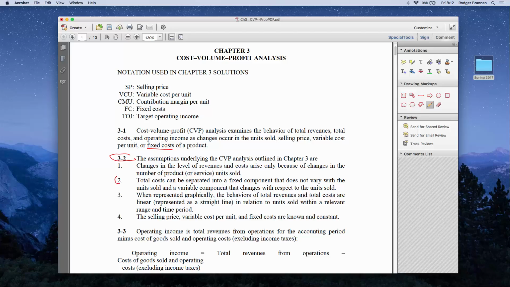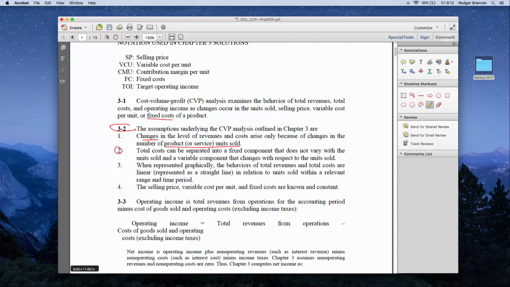Likewise, total costs can be segregated into two pools, namely variable cost and fixed cost, the relationships here are linear, and we can graph it, and changes will arise simply because of changes in production or changes in sales.